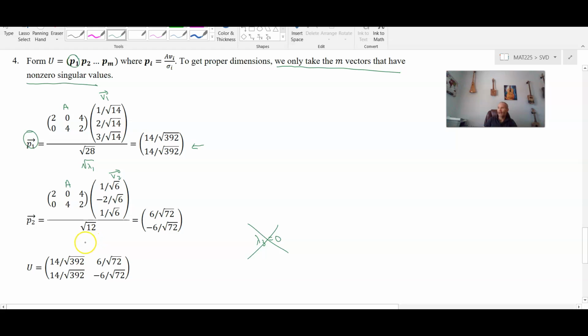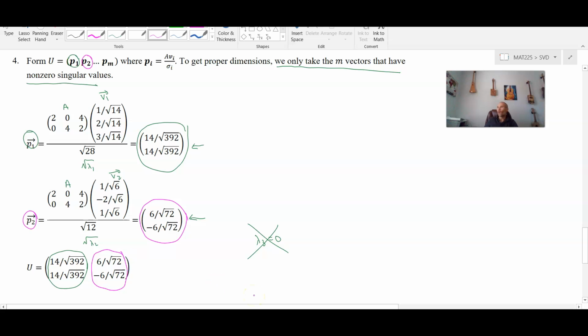And down here, I have the square root of lambda 2, which is what we refer to as sigma 2. And I get this column here. And that's basically what our second column will be in that matrix. So here we see we just put those together to form the U matrix. There is the first one. And here is the second one.